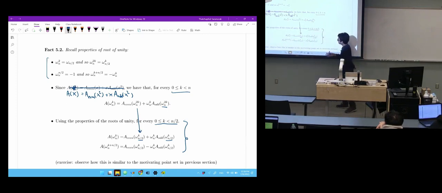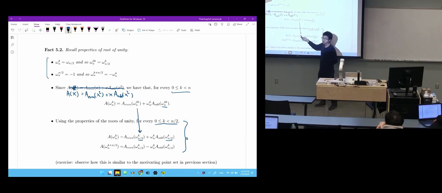But now, suppose that you want to evaluate this at the nth roots of unity. What do you need to do? You just need to look at A even and A odd, which have degree n/2. And what are the points of evaluation of A even? You just need to evaluate it at the n/2 roots of unity, not the n roots of unity.